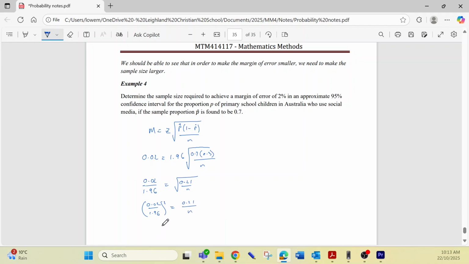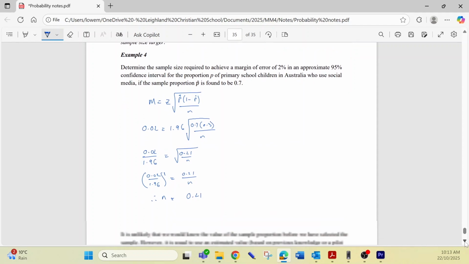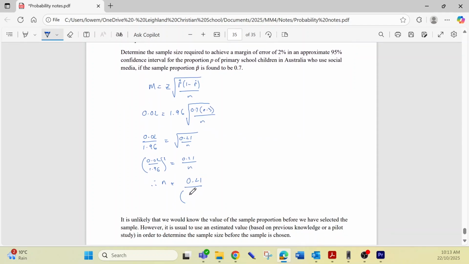If we solve for n, it will be equal to 0.21 divided by (0.02 over 1.96) squared, which works out to be 2016.84.